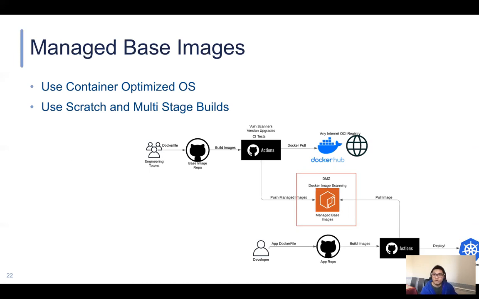You need to make sure that's done collaboratively so the developers have what they need, so they wouldn't need to go through the internet to get their base images, but rather through those hardened images. Make sure to use container-optimized OSs, and use Scratch and multi-stage builds as much as possible to lessen the surface of attack when you're building an image.